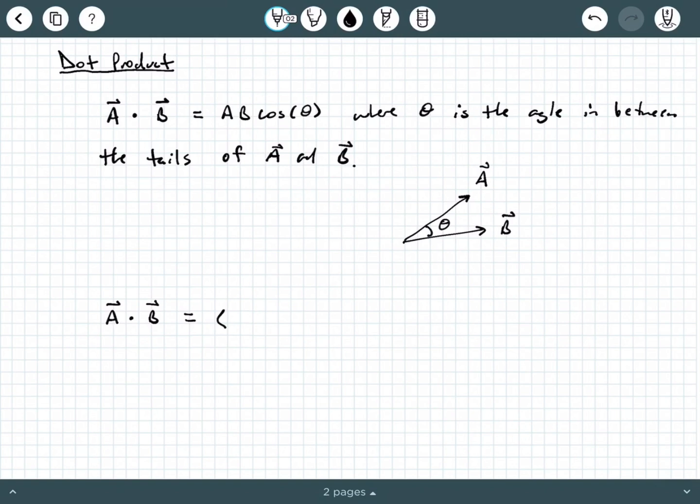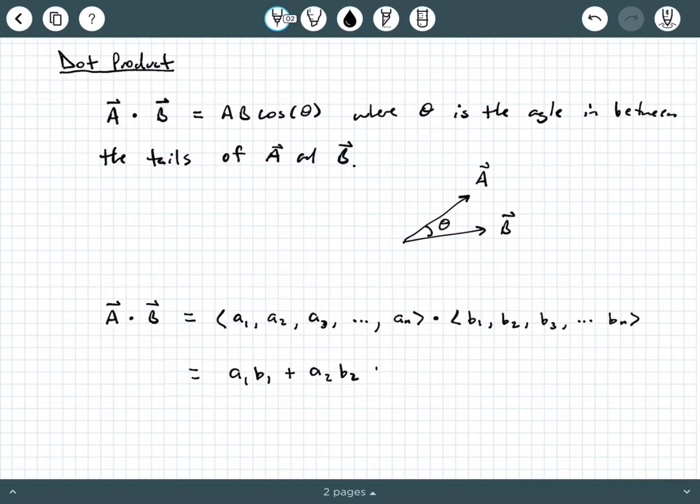So for example, if vector A had components A1, A2, A3, all the way to AN, and you dotted that with vector B, which had components B1, B2, B3, all the way to BN, what that gives us is A1 times B1 plus A2 times B2 plus A3 times B3 plus ... plus AN times BN for however many components each of those vectors have.